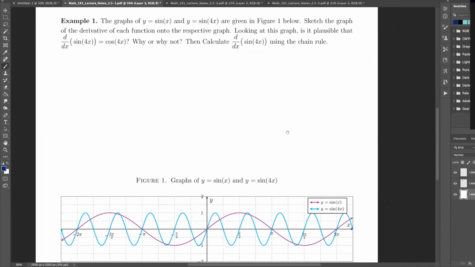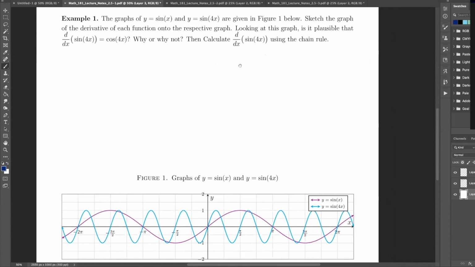So here we have a graph of sine of x and sine of 4x. We're not going to sketch, we're just going to look at this. Let me write this out. Here I have sine of x. The derivative y prime of sine of x is cosine x.